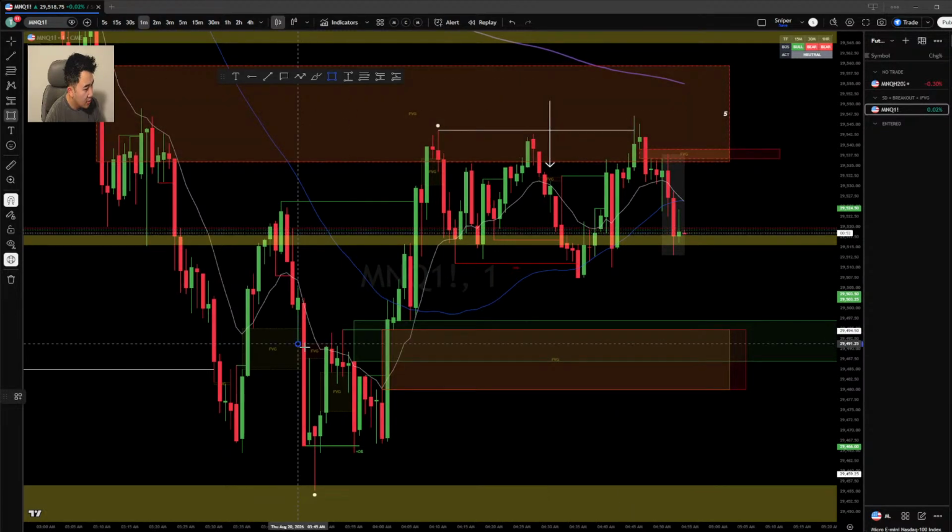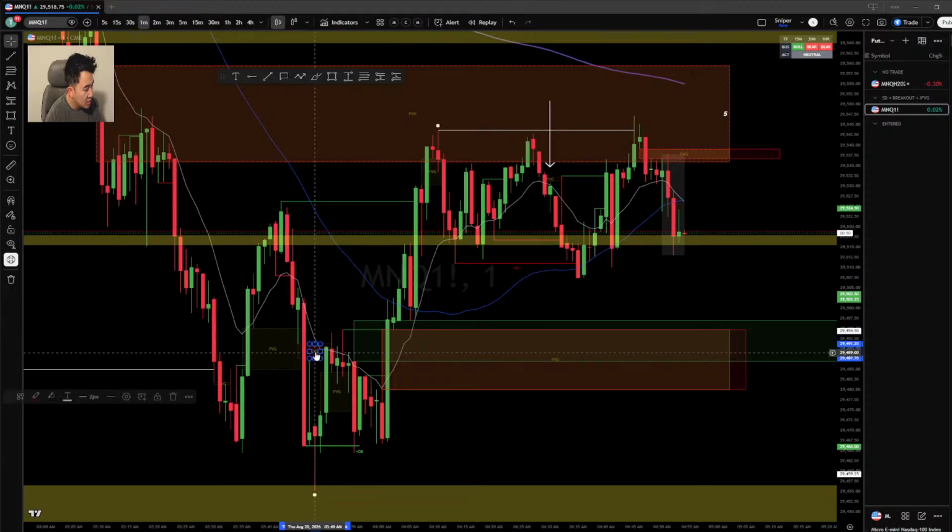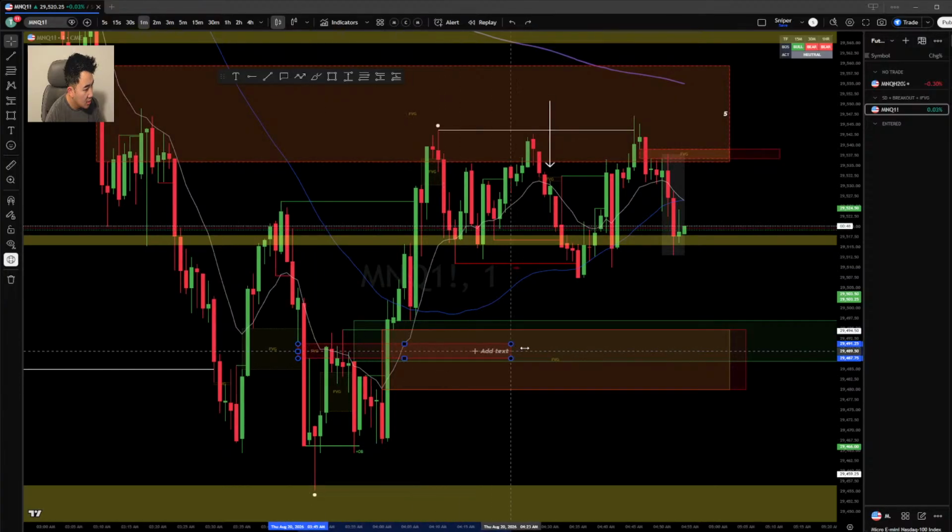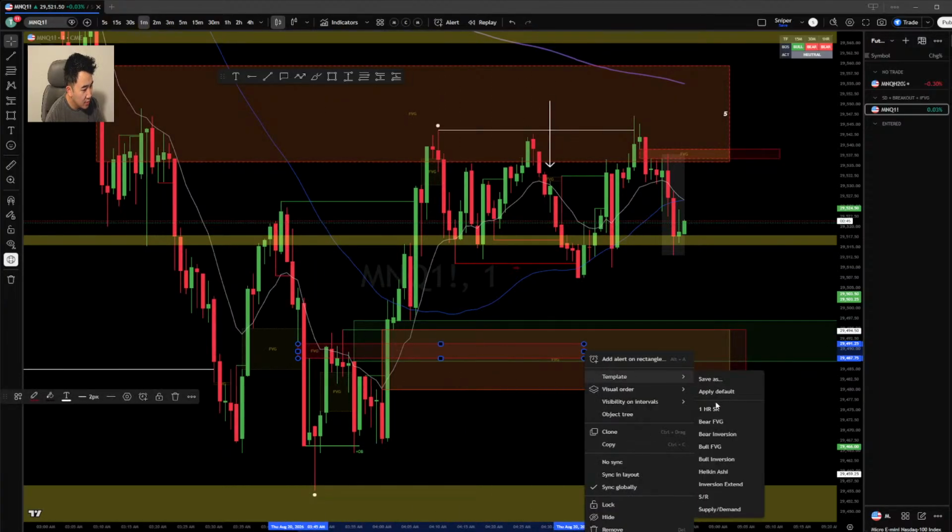This here we have a bearish FVG. See, broke through, became a bullish inversion.